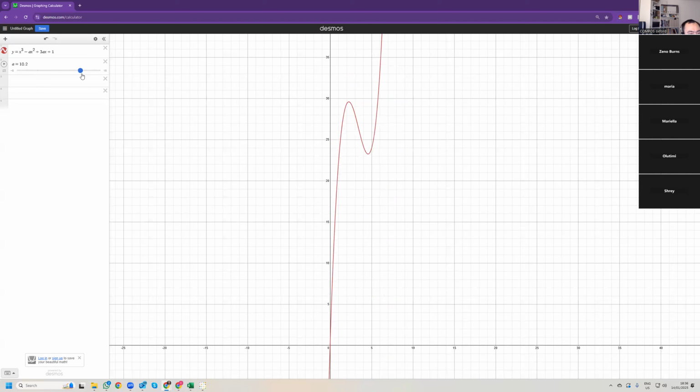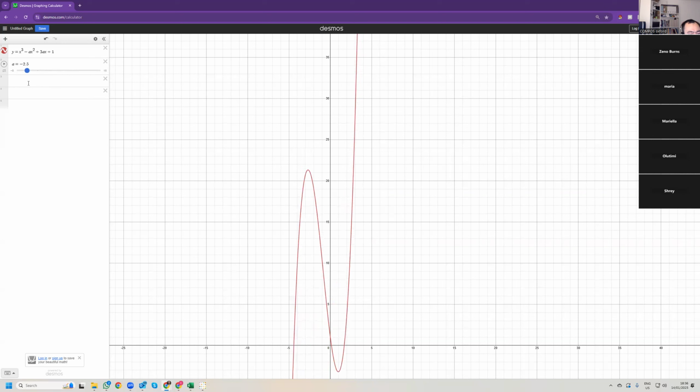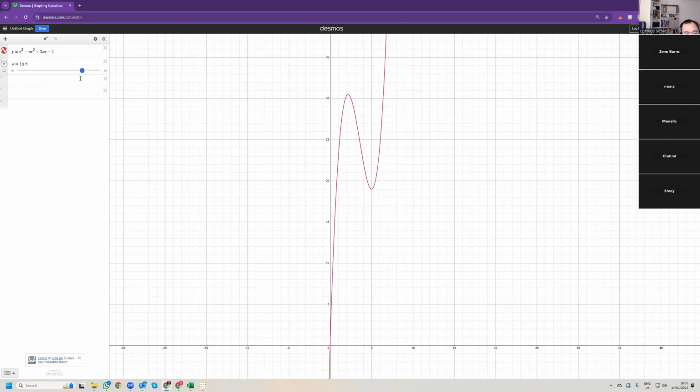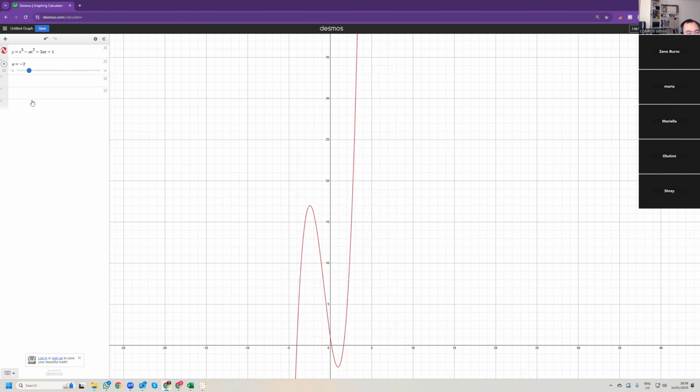Right. So between 0 and 9, which is here, the function is monotonic, and then it stops being monotonic. So that's quite an interesting one. Okay.